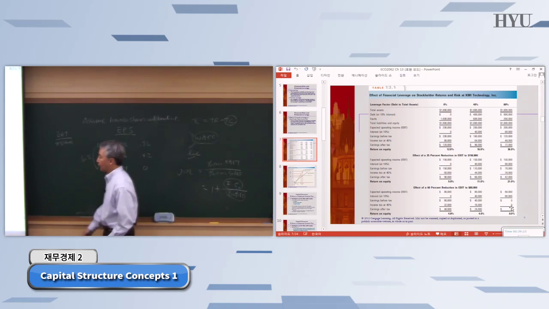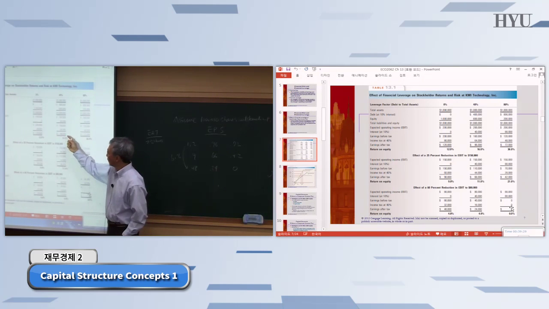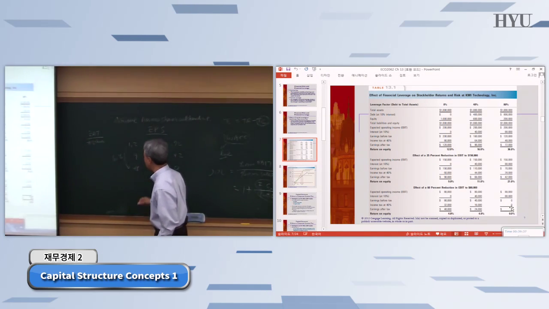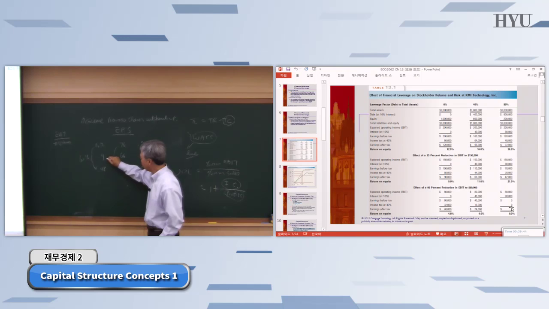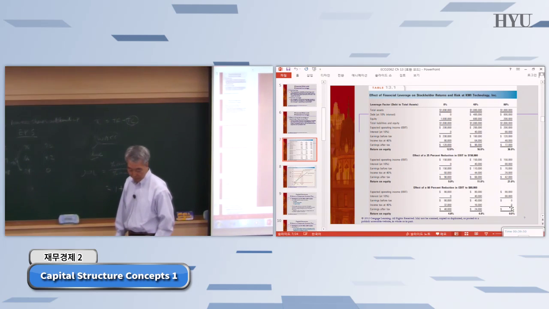In the second case, if you have 40% debt in your capital structure and operating income goes down by 60%, your EPS will go down by 75%, from 96 cents to 24 cents.